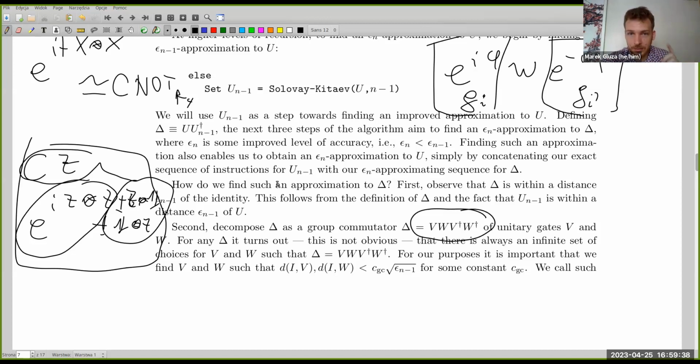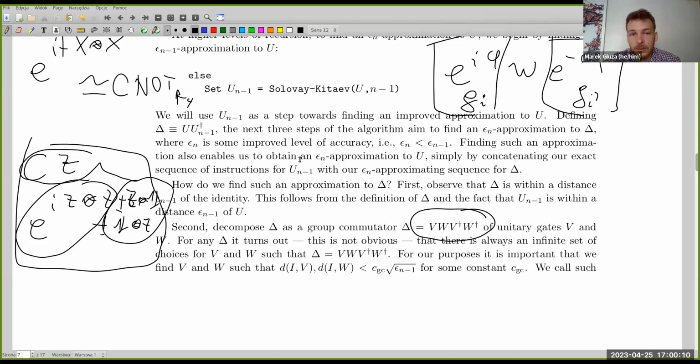I cannot do it for 100 qubits. That's the point. So what we will need to be able to do is to find a decomposition of delta as this group commutator operation. Okay. And basically, once we find W and V, then we return them here in this step as V and W, and using V and W, we will compute.